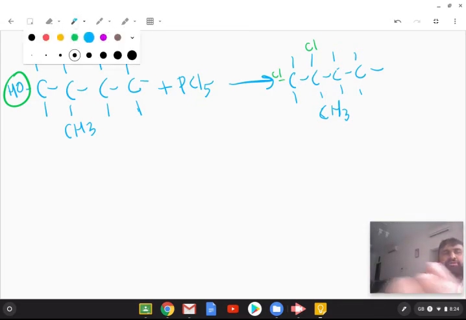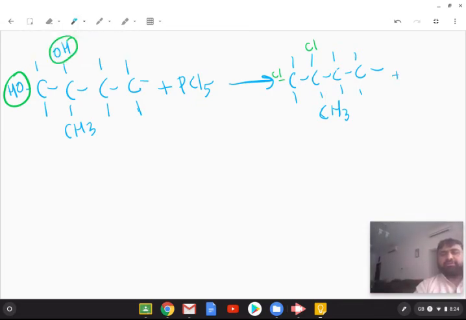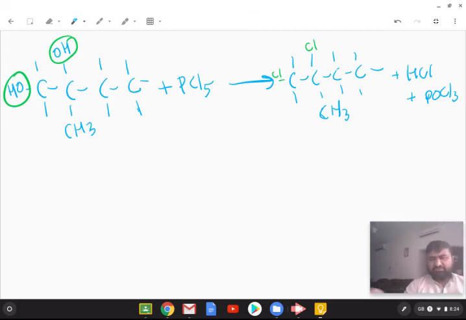And the remaining products we will write the same, HCl and POCl3. We don't have to worry about balancing. If you really care about balancing, one PCl5 is needed for one OH. So we got two here, two here, and two here.